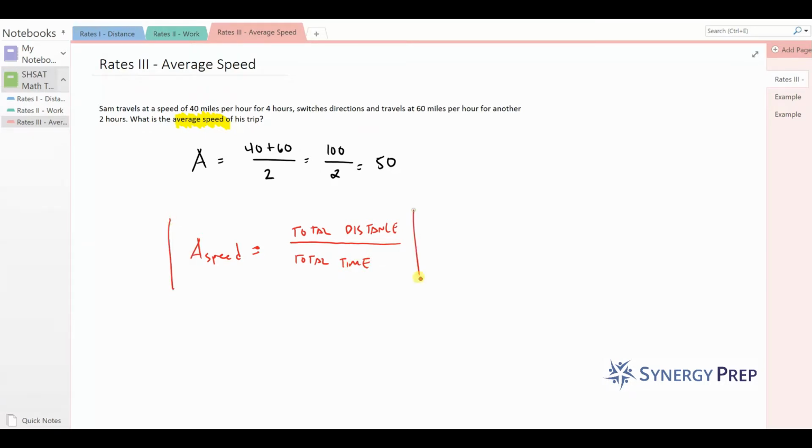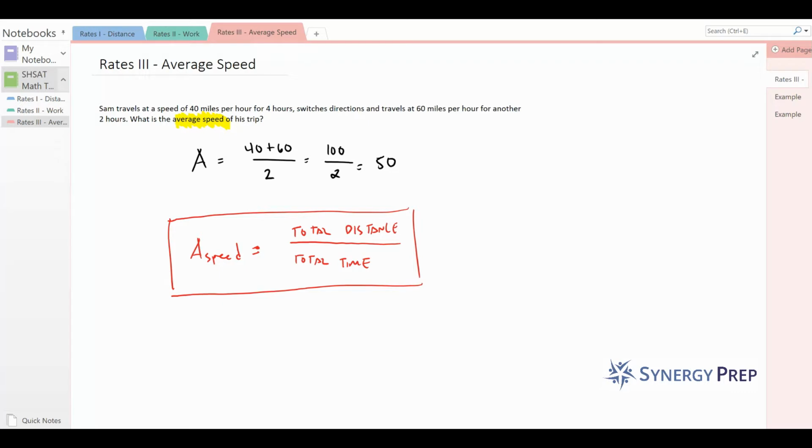And what that means is you find the distances traveled for each part of the question, and you find the total time traveled for each part of the question, and you add them and divide.